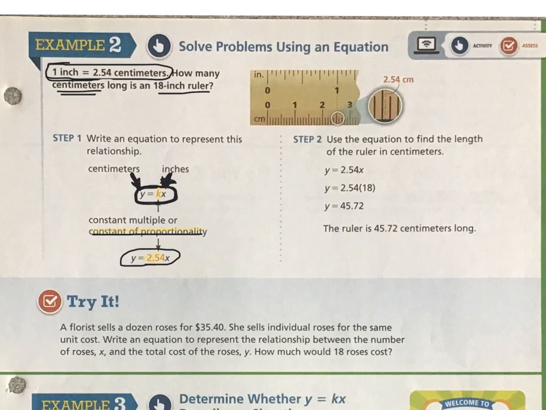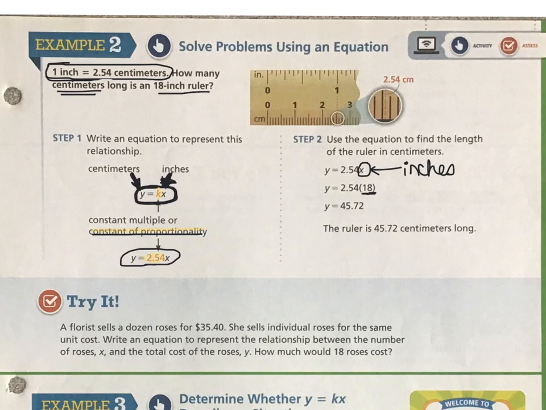So when we substitute into the equation to figure out how many centimeters long the ruler is, we replace the x number, which is my inches, with 18 because the ruler is 18 inches.